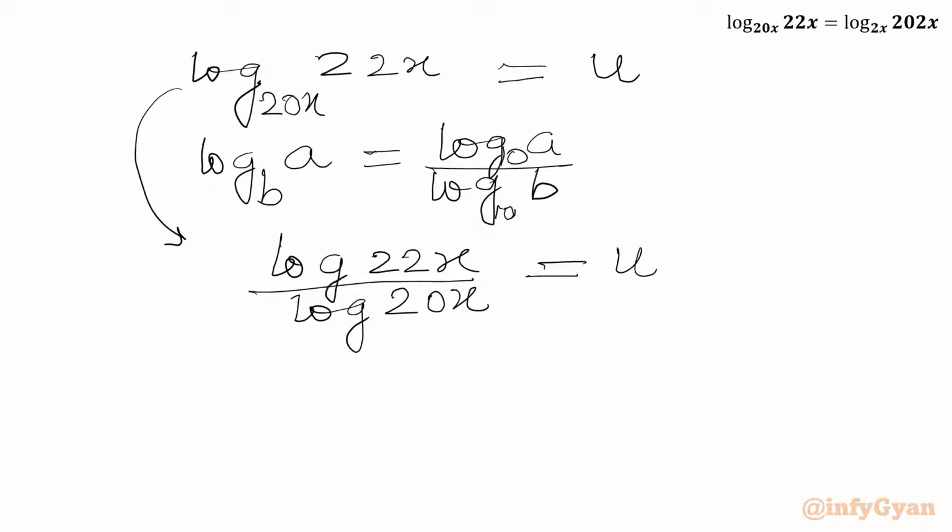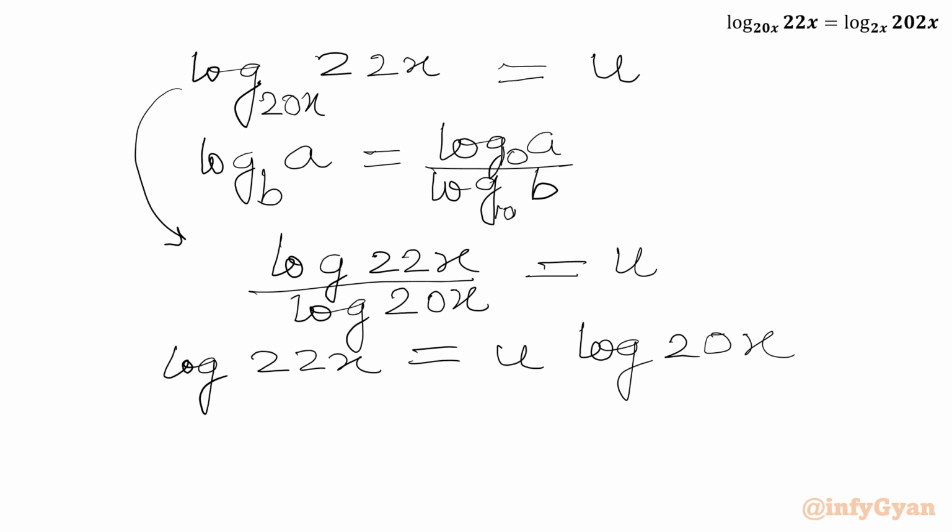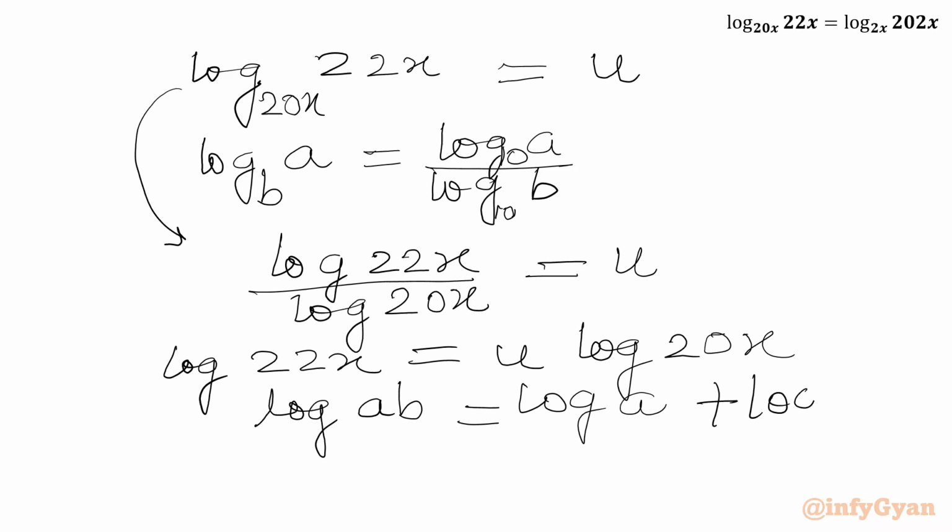Now we will cross multiply. We will write log of 22x equal to u times log of 20x. Now I will write another log property: log AB is equal to log A plus log B. So I can write our equation.